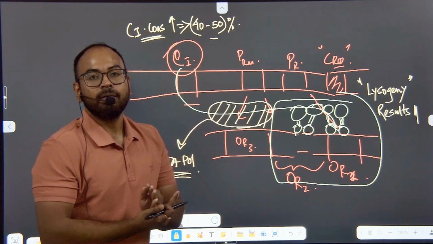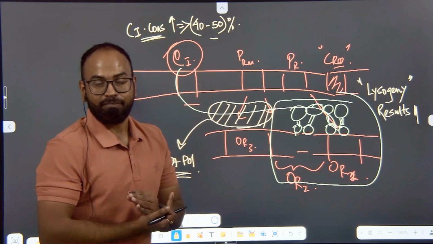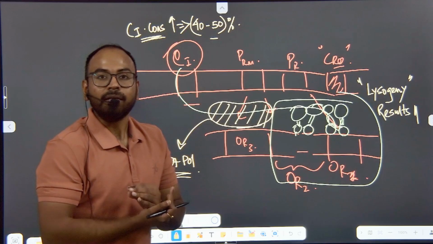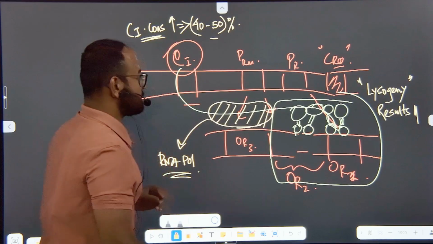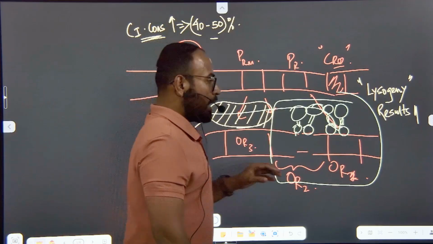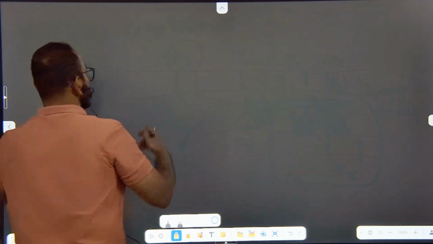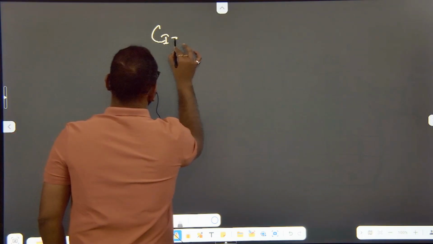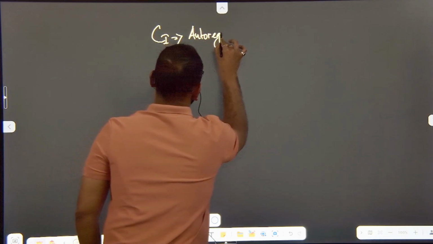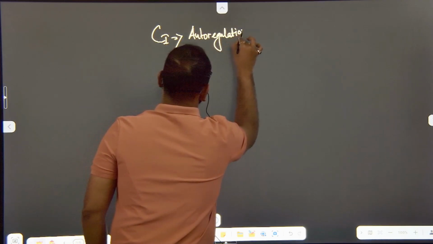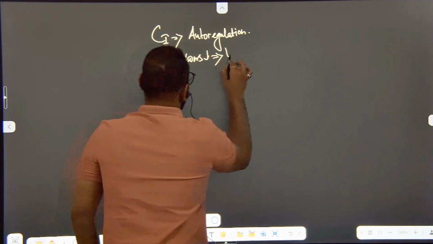This is how C1 is regulating itself. So one thing we have understood, C1 is associated with autoregulation. Concentration low, lysogeny.